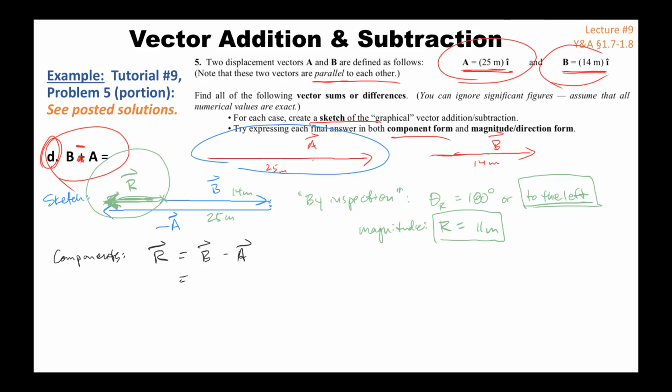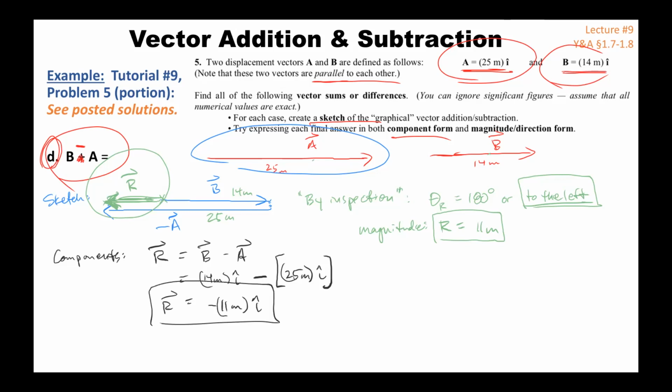I'll stick with the i hat notation because that's what we already have. 14 meters times i hat minus 25 meters times i hat. I'm just going to use lots of extra parentheses here to keep things extra clear. And then what that tells me is the answer is negative 11 meters times i hat.